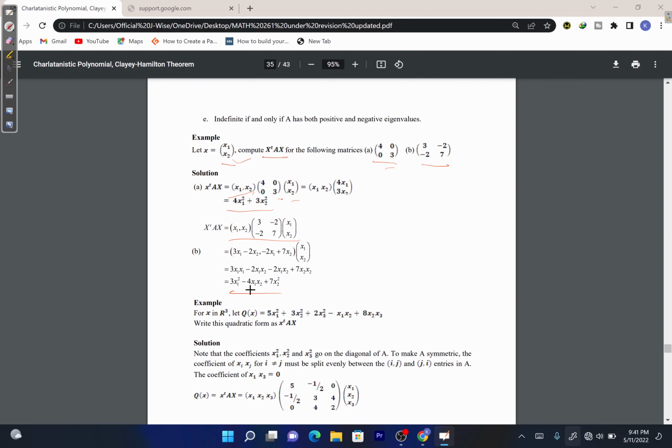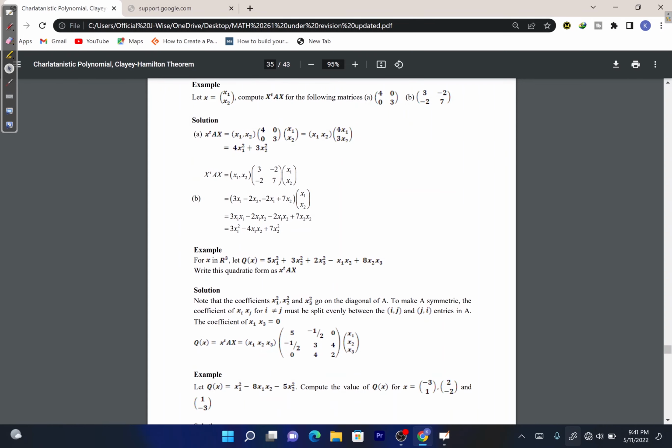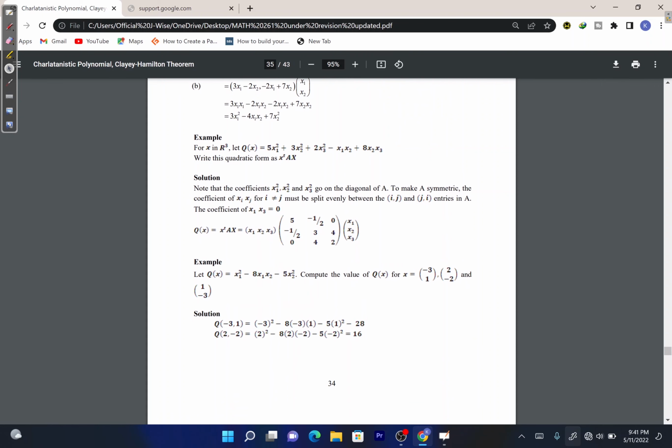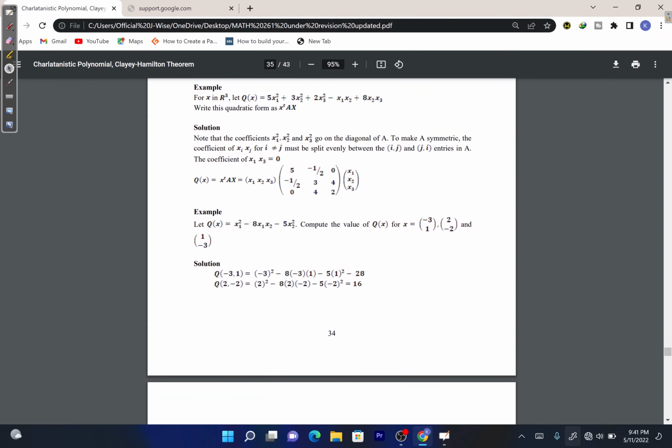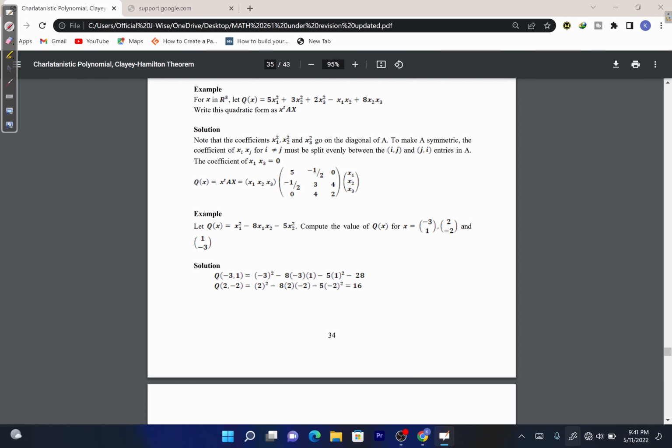We have another example. For x in R3, that is, for a vector x of 3 dimensions, we let Q of x be 5x1 squared plus 3x2 squared plus 2x3 squared minus x1x2 plus 8x2x3.